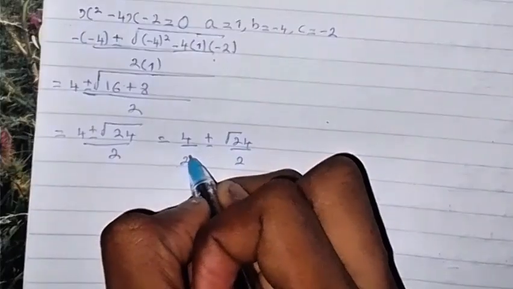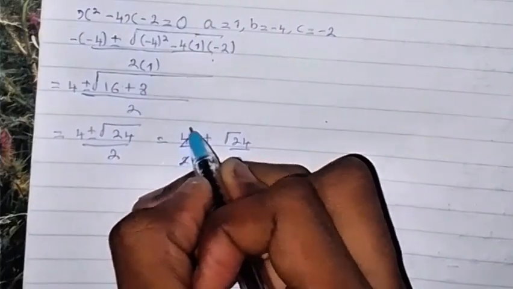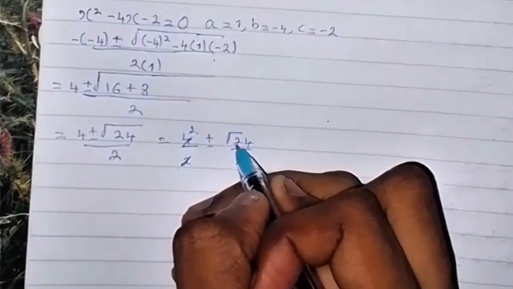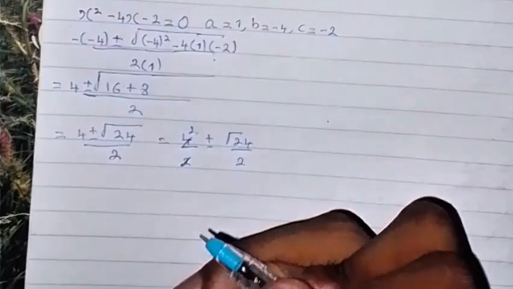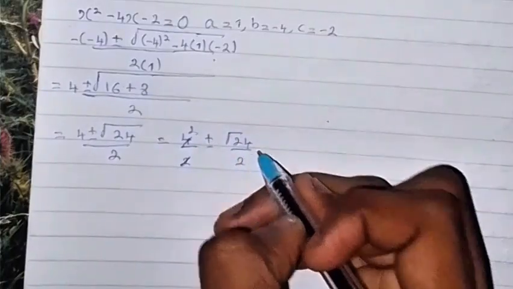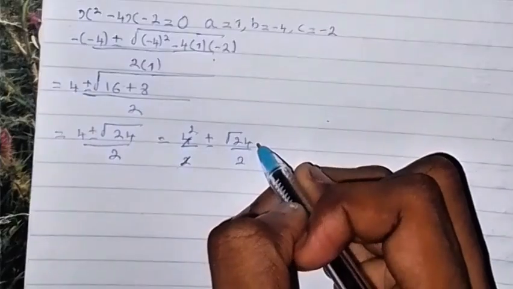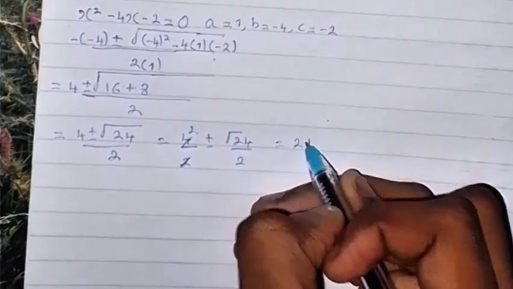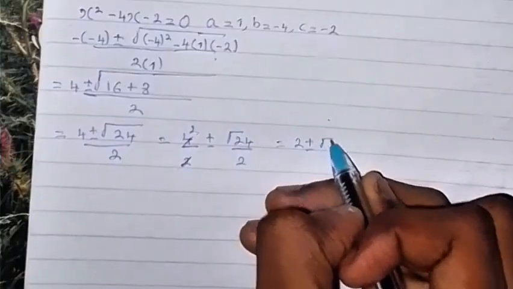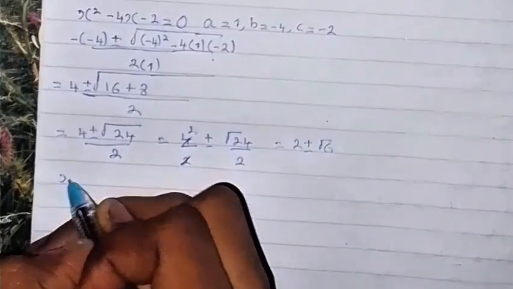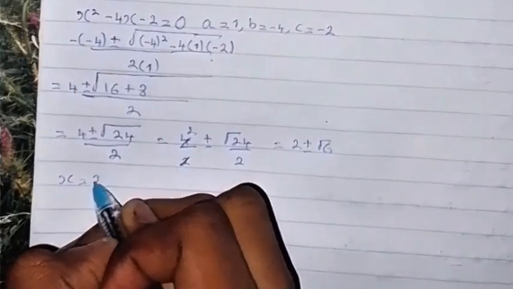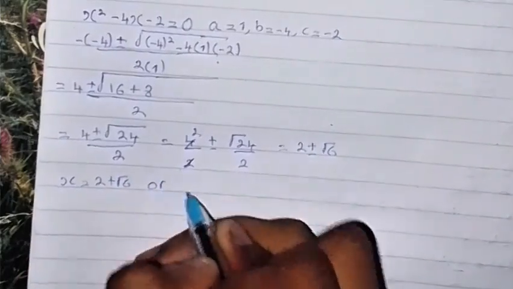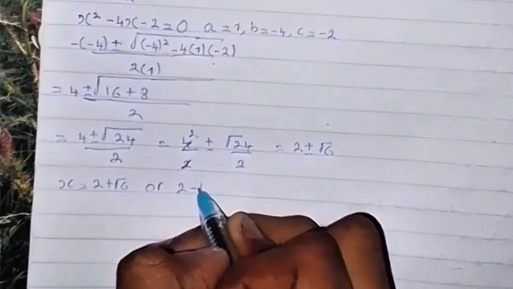Now, we can say that 2 goes into 4, we have 2, and root 24 divided by 2, which if we break down, is equals to root 6. So we have this is equals to 2 plus or minus root 6. So our final answer becomes x is equals to 2 plus root 6 or 2 minus root 6.